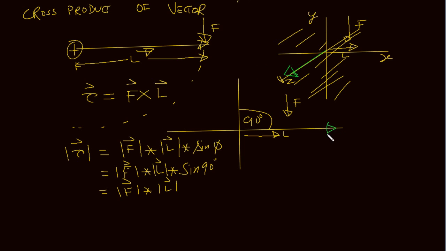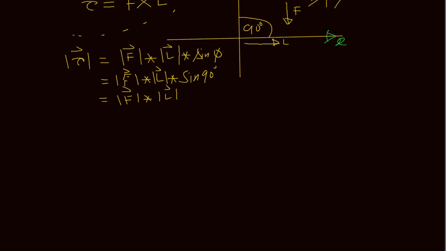So if this is my XY plane, the direction of the torque will be perpendicular to this plane, and it's hard to depict when it's coming out of the plane. So the convention for cross product is like this. We use an arrow. Suppose this is an arrow and it has got the feather.